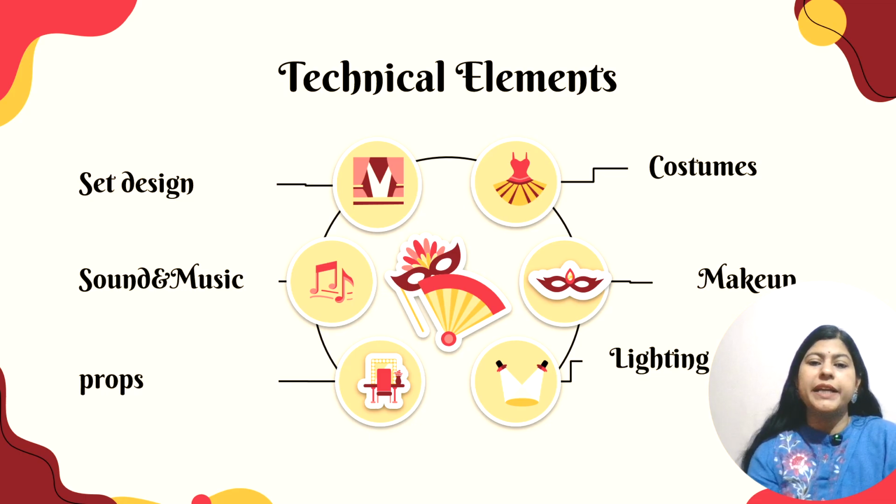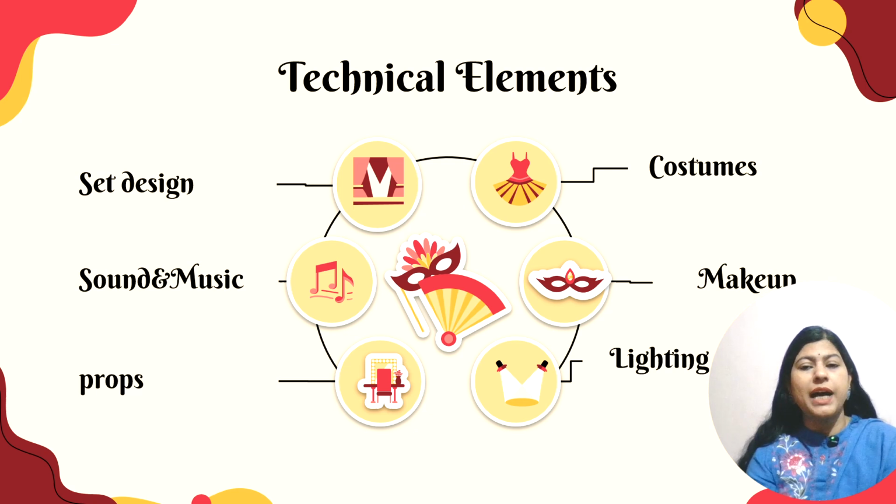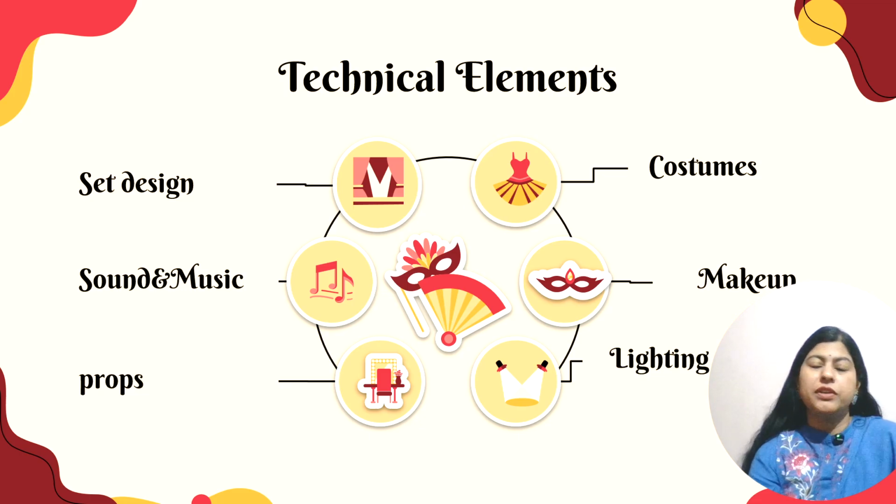These are the technical elements of drama. All of them are silent forces which shape our emotions. In fact, they guide our focus and immerse us in the play's universe. So to put it simply, technical elements are the craft that makes that magic happen. So you can see on the screen, these are the technical elements, and let's decode them one by one.